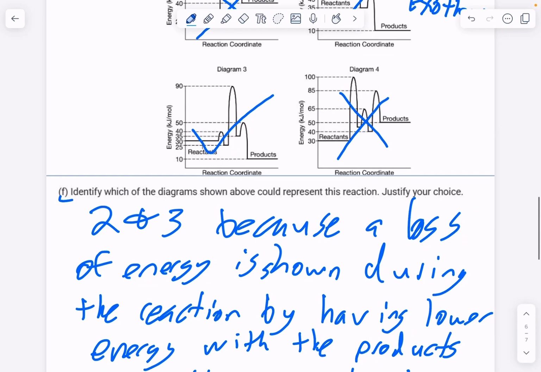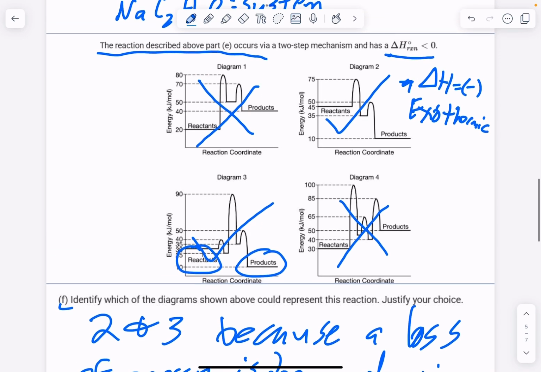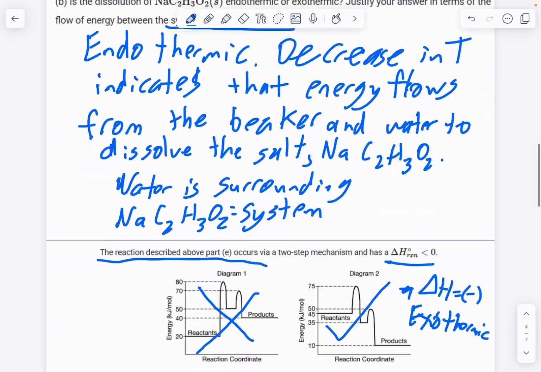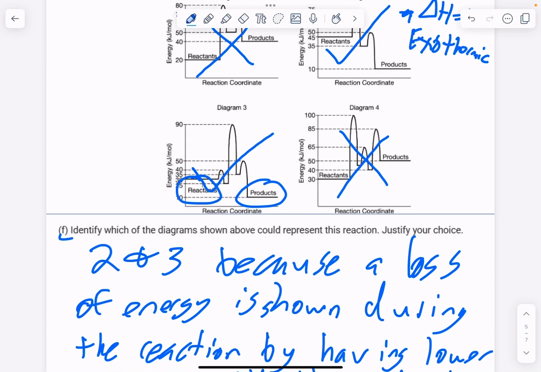By showing there's less energy with the products than the reactants, diagrams 2 and 3 work. So something along those lines, being able to word it out in that manner. This was a long video, but hopefully that was helpful on exothermic, endothermic, and energy diagrams.